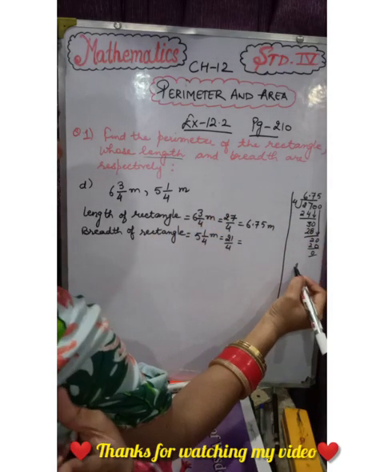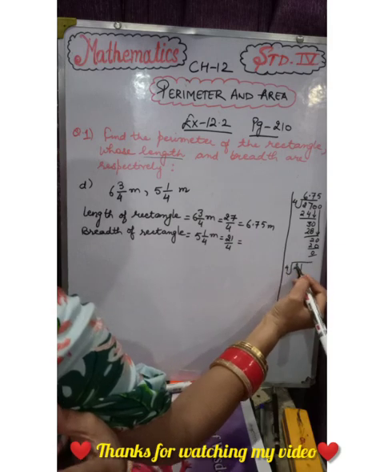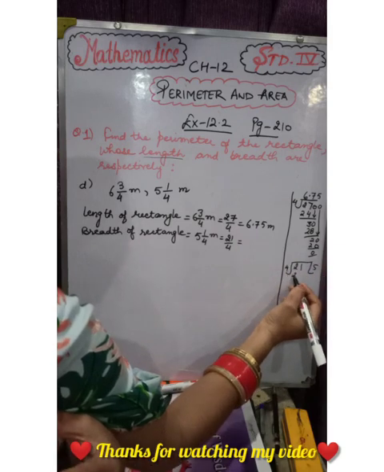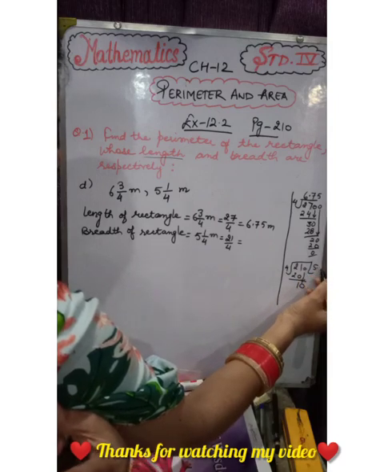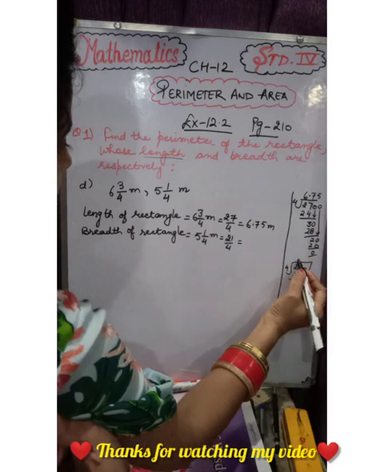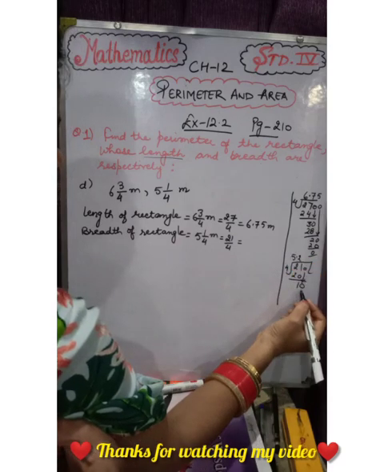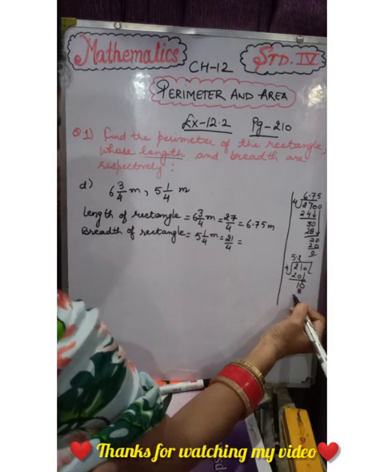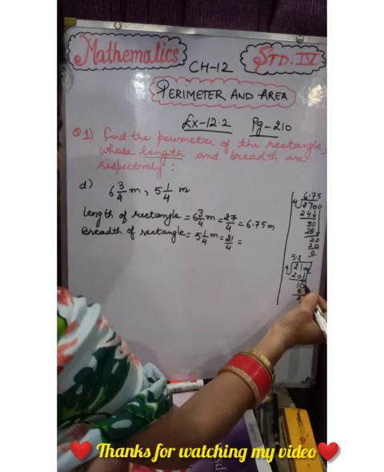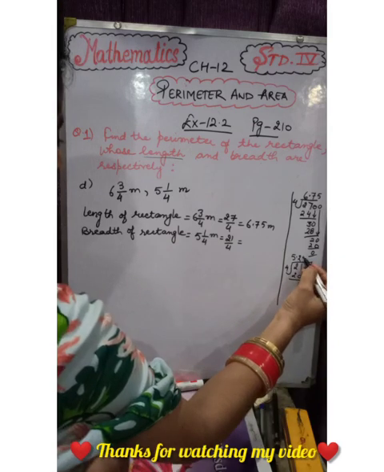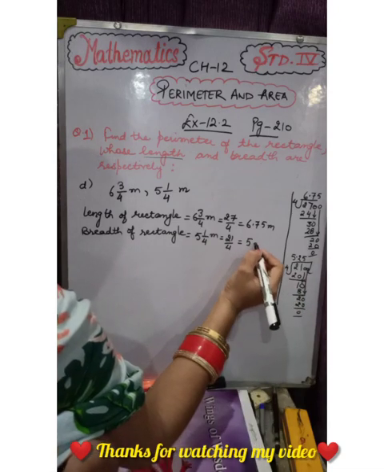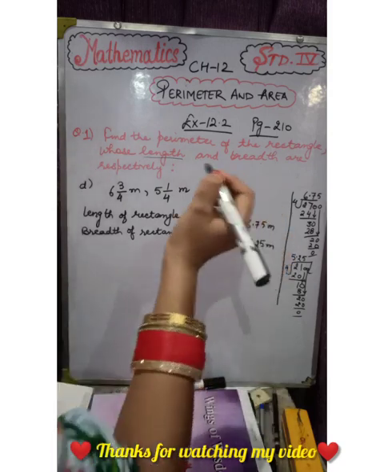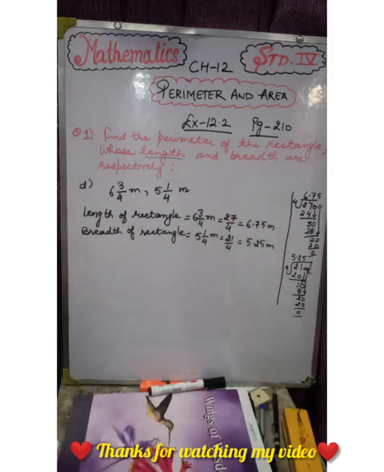Will divide here. 21 divided by 4, 4 5s are 20, 1 here will bring 1 0 down, 4 2s are 8, 1 more 0, 4 5s are 20. So your answer is 5.25 meter. Got it? Both the numbers we have divided and converted into decimal form.